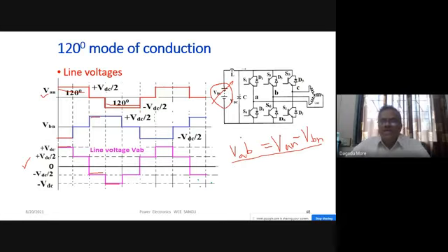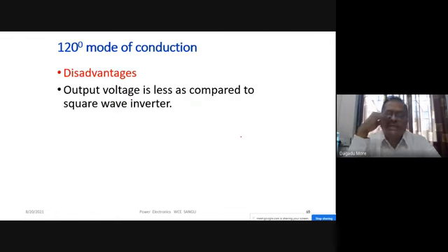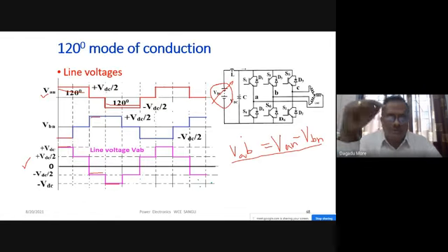Now third is how to change the phase sequence. Same as in the 180 degrees mode, we interchange the switching signals of the two legs. But here, you will find our output voltage is less because devices are conducting for 120 degrees.